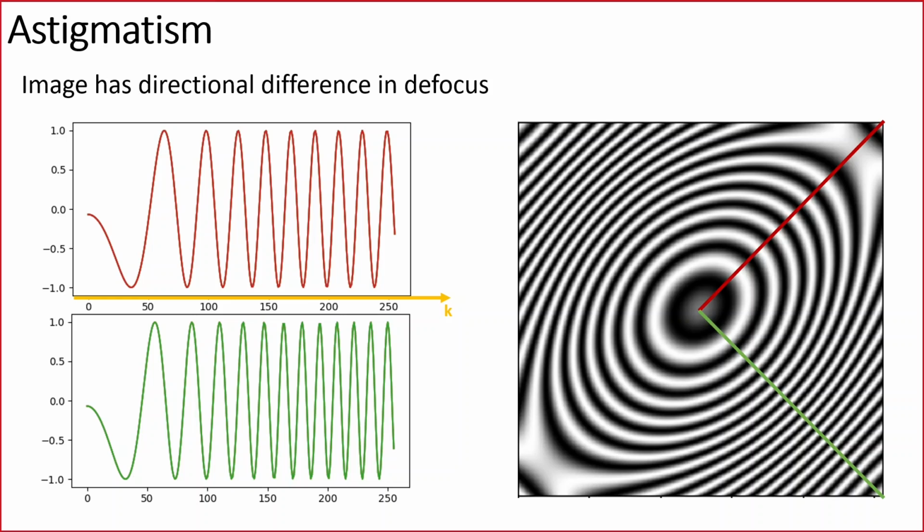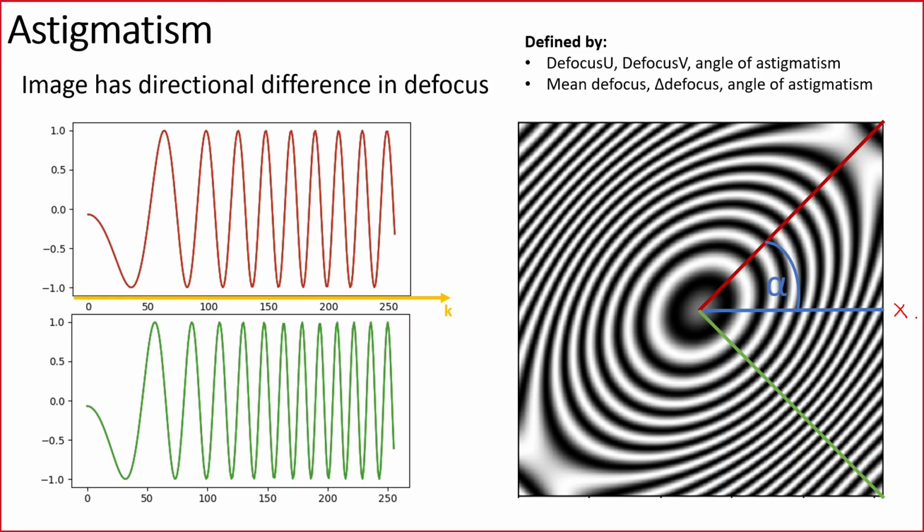astigmatism. Yet here we can nicely show what it does in the Fourier space, and that we can describe this astigmatism as an astigmatism that has a certain angle against the x-axis. As well, we can define it either as a smaller defocus and a larger defocus. So what's the defocus in the smallest defocus, and what's the direction in the biggest defocus?